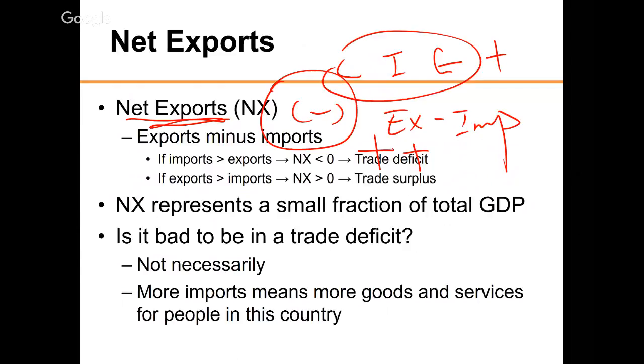Now, when you have a negative net export, it doesn't mean it's a bad thing, because there's so many different calculations involved in GDP. Just because your net export is negative, it doesn't mean a bad thing. For example, if you look at the iPhone, the iPhone will be considered as a Chinese production because it's made in China, but China doesn't produce all the components in the iPhone.